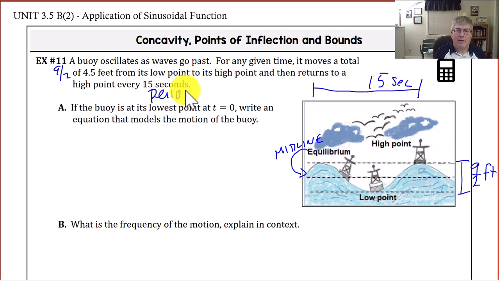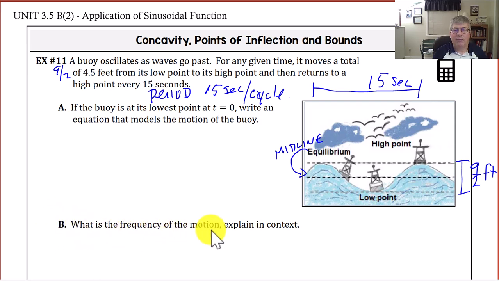So that is our period, 15 seconds for one cycle. So 15 seconds per cycle. We can actually answer question B right away.